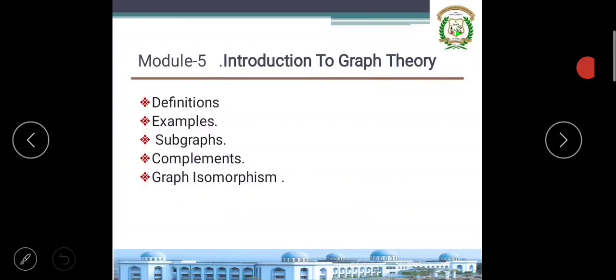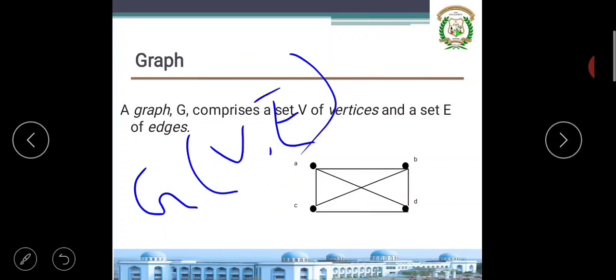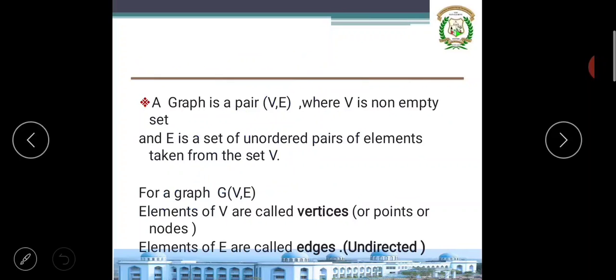We have understood that a graph contains a set of non-empty vertices and a set of edges. Now, a graph is a pair V, E where V is a non-empty set, and vertices should not be empty.